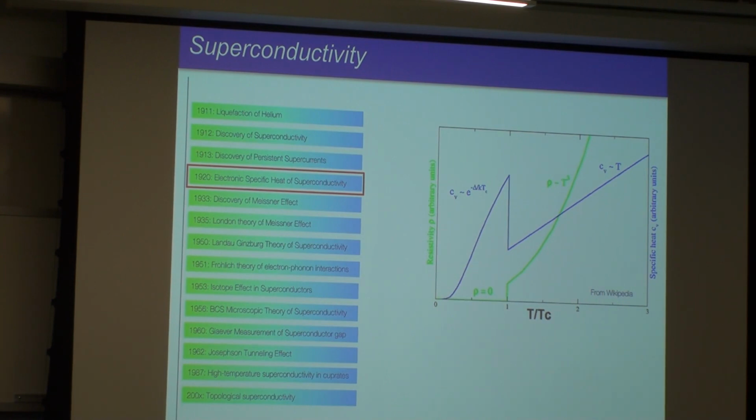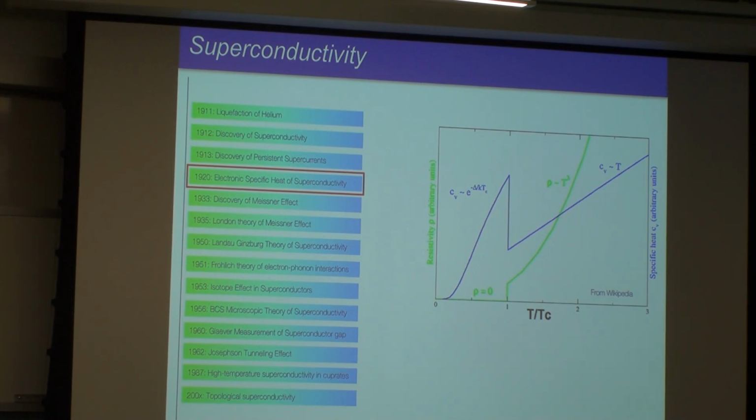Instead of being linear with temperature, as the electronic specific heat generally is, if you measure a superconductor below the critical temperature, the specific heat shows an activated behavior, and from there you can calculate that there must be some delta or energy gap associated with it.